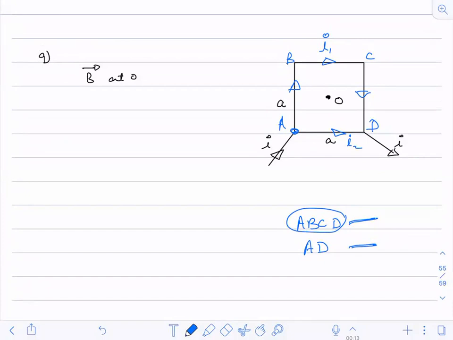The magnetic field due to AB wire will be mu naught I divided by 4 pi, and this distance you will take. This distance, if you see, it is a by 2. Then you will take this angle.